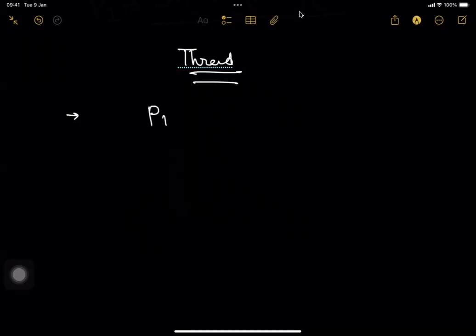If you have a process P1, P1 is a bigger unit, you just understand. And P1 can have T1, T2, T3, T4 threads. So a thread is the smallest unit of a process.